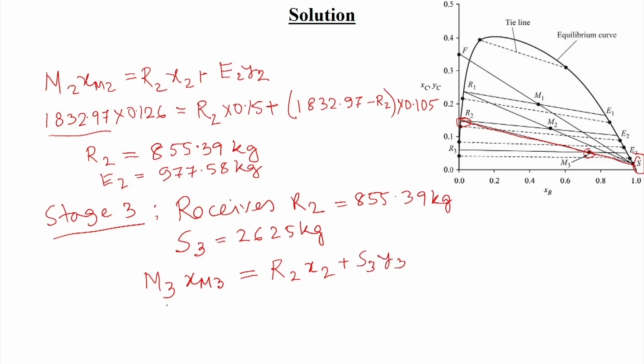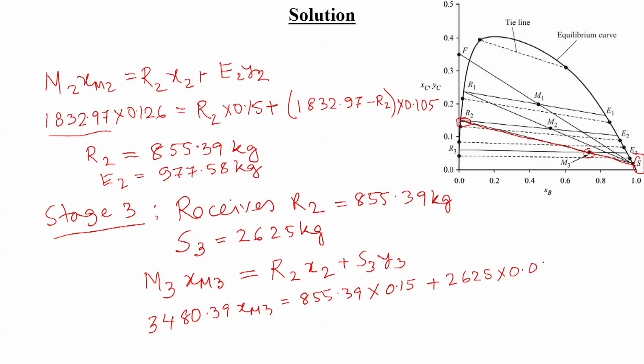So, M3 is nothing but the summation of these two, R2 and S3, which is coming out as 3480.39. So 3480.39 into XM3 is equal to R2, 855.39, into X2, that is 0.15, plus S3, 2625, and the solute concentration in the extracting solvent is already given as 2%.